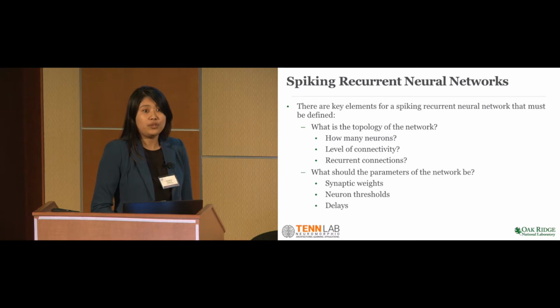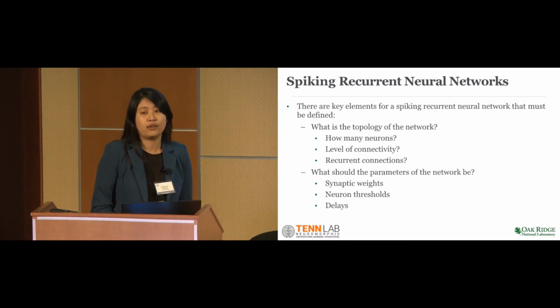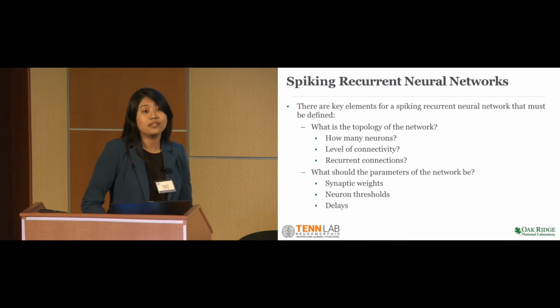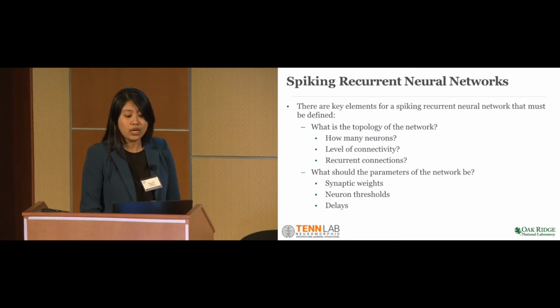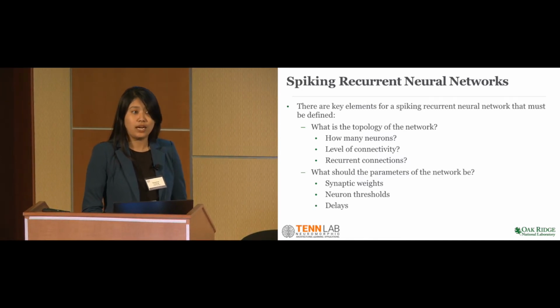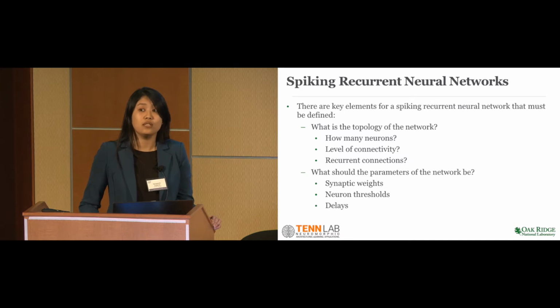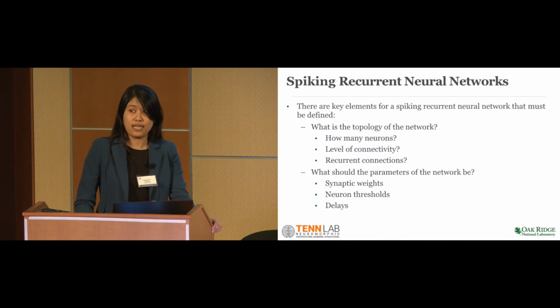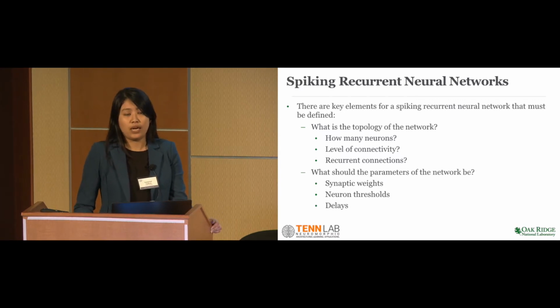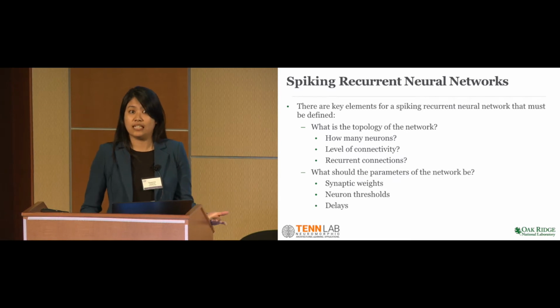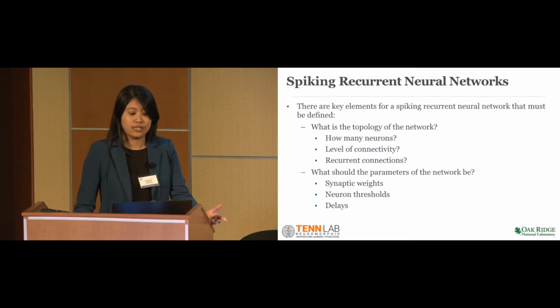Before I dive into the training algorithms, I'd like to define what we mean by spiking recurrent neural networks. There are some key elements that need to be defined when we look at a neural network. We look at the topology of the network, that means how many neurons are there and how the neurons are connected, which refers to the level of connectivity.